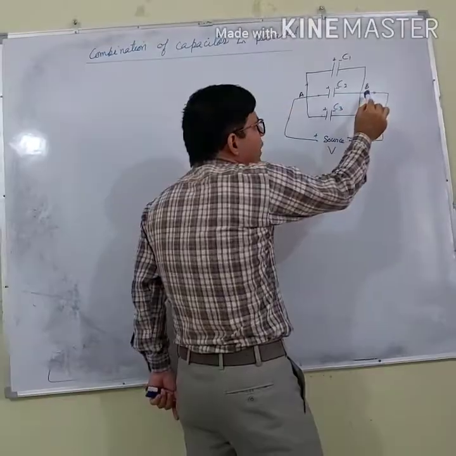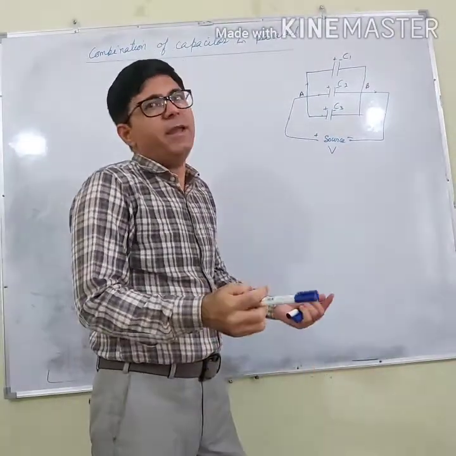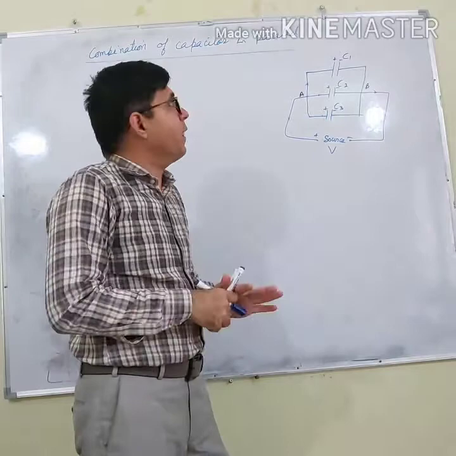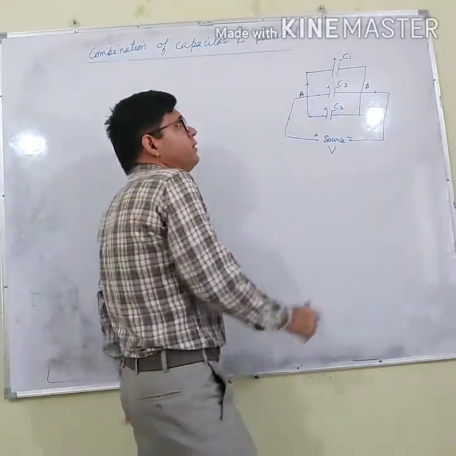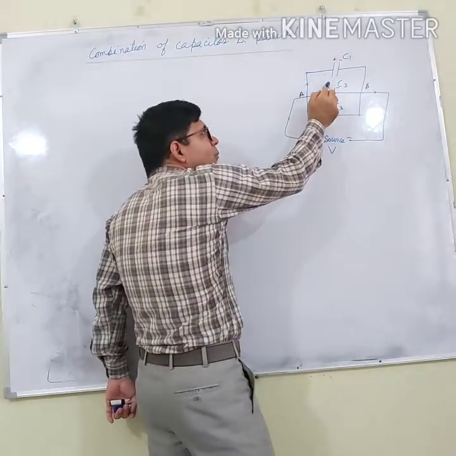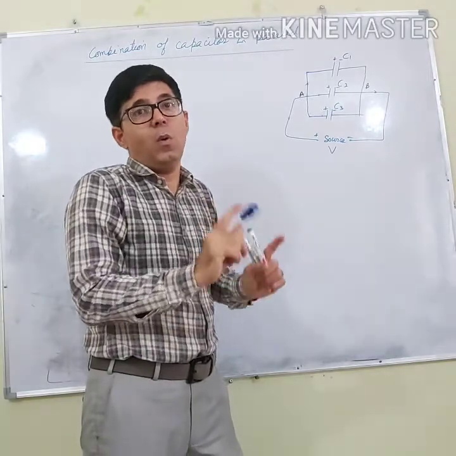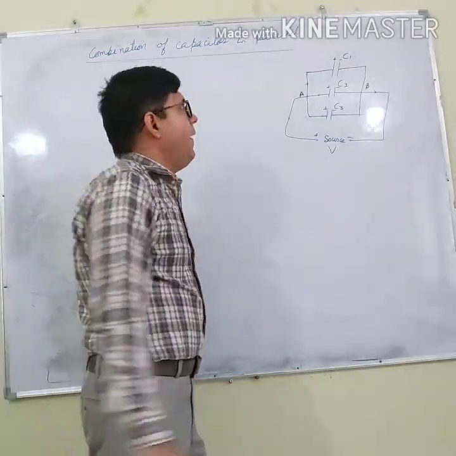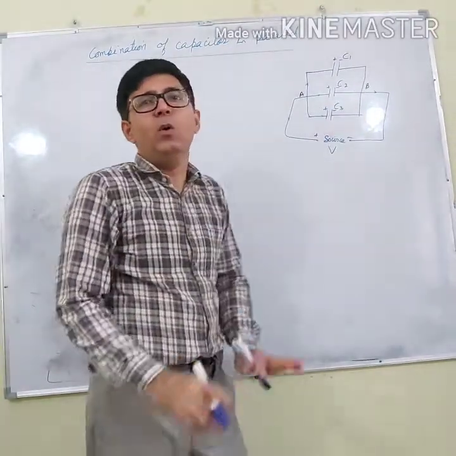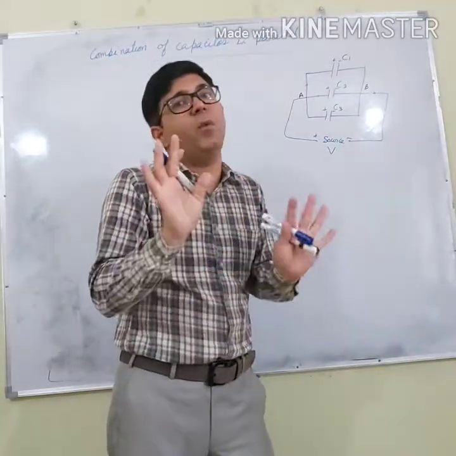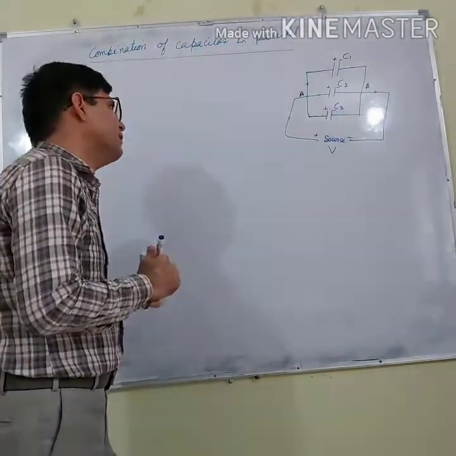All these negative plates are connected to point B. So you can define a parallel combination in another way: a parallel combination is one in which all the positive plates of capacitors are connected to a common point and all negative plates are connected to another common point. Alright? So this is also the parallel combination.